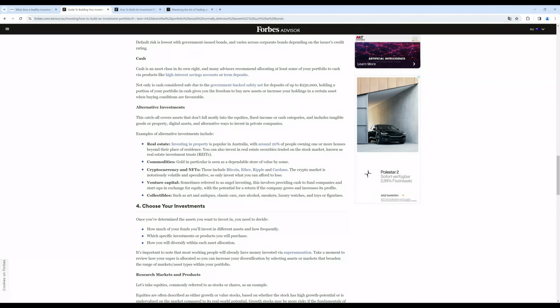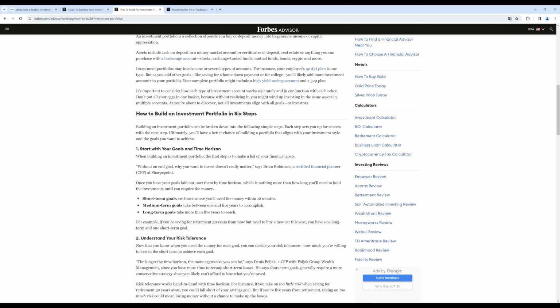And of course, in choosing which investments you prefer, you have to consider your goals and time horizon. Are there short-term goals, medium-term goals, long-term goals? What do you want to pursue with what you invest into? The long-term outlook is very, very important.